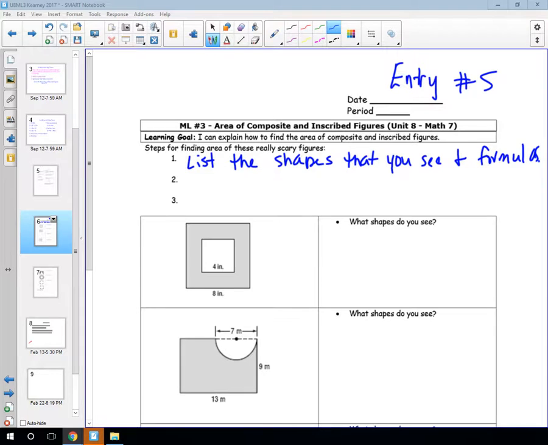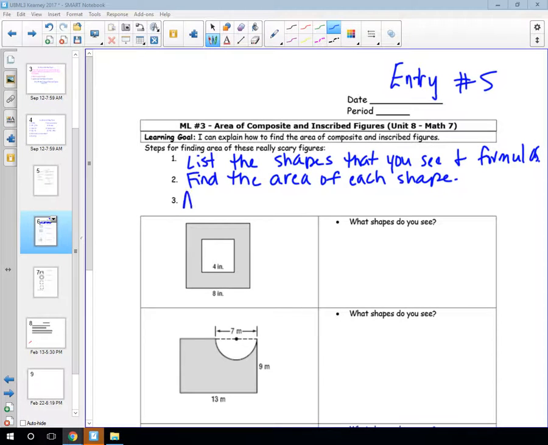Step 2, you're going to find the area of each shape. So far we've listed the shapes that we see and the formulas. Step 2 is to find the area of each of those shapes. And then step 3 is you're going to either add or subtract to find the area of the shaded region.